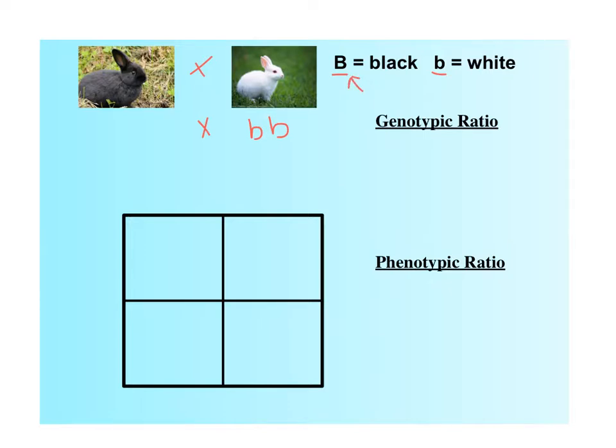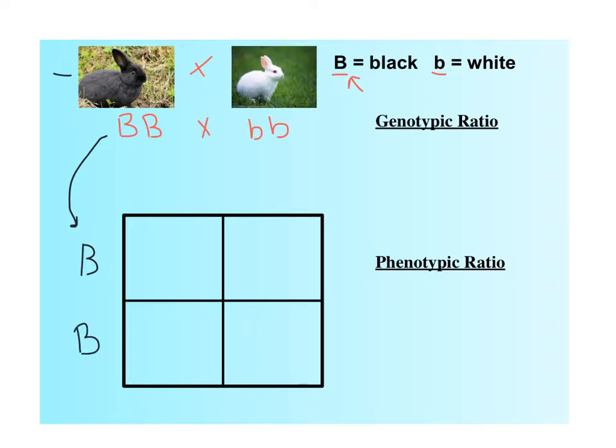So we're going to cross big B, big B with a homozygous recessive, little b, little b. So that's step one, figure out the genotype of the parents. So we got that. Step two is just filling out the box. You're going to put these alleles, doesn't matter if you put them on the top or on the sides, you just have to make sure you keep them together. The big B, I'm going to bring them over here and put them on this side. So we're going to put big B.